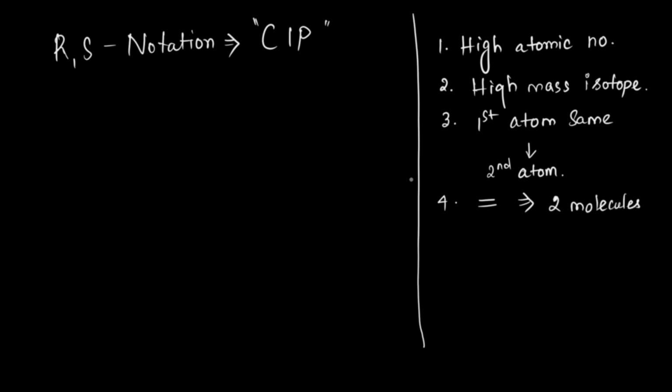If I'm having a double bond CH2, then I should consider that as having two CH2 over there. If I'm having a triple bond, triple bond CH, then I should consider that as three CH present over there. Depending on that, I have to give the seniority. And rule number 5 is bond pair is more senior to lone pair.